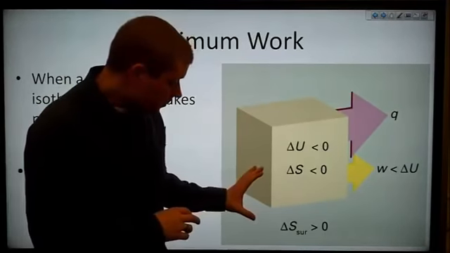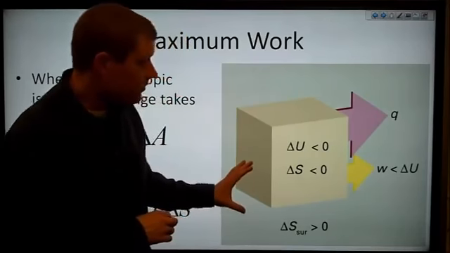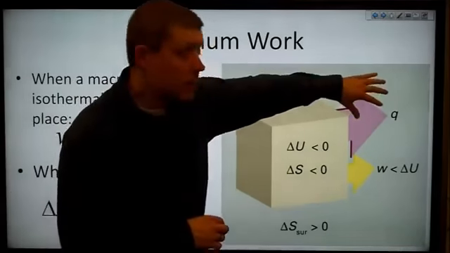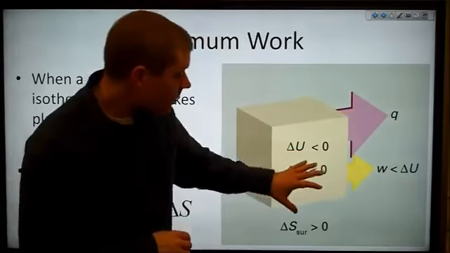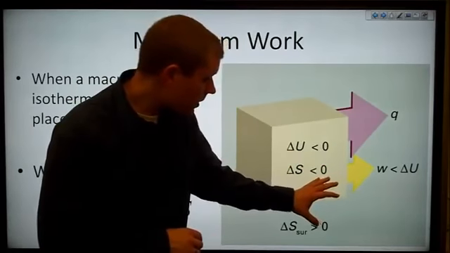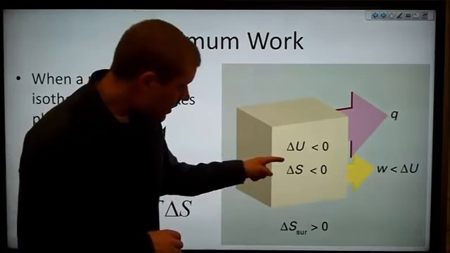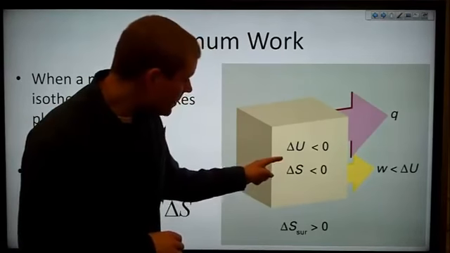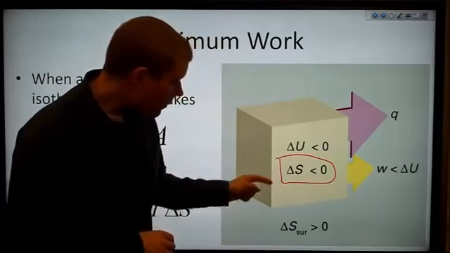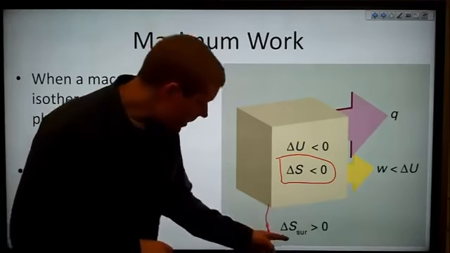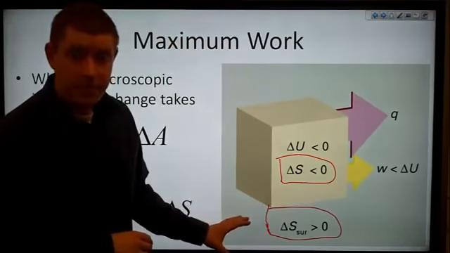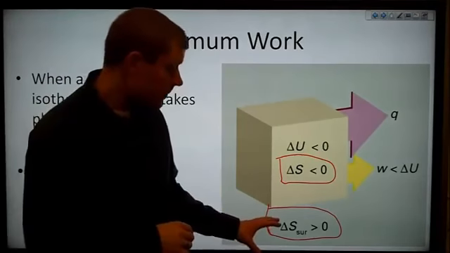And we have to have more heat leaving the system because of the entropy loss, right? Because this decrease in entropy here must be offset by an increase in entropy here in the surroundings.